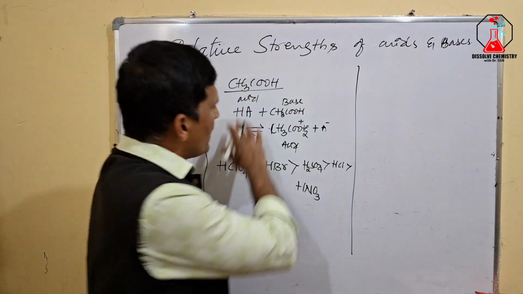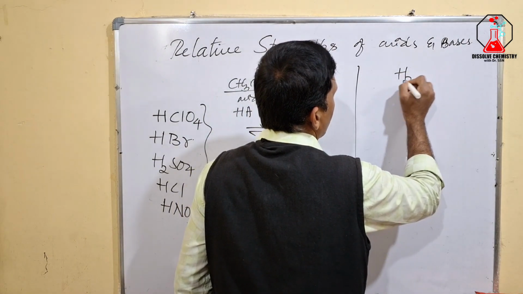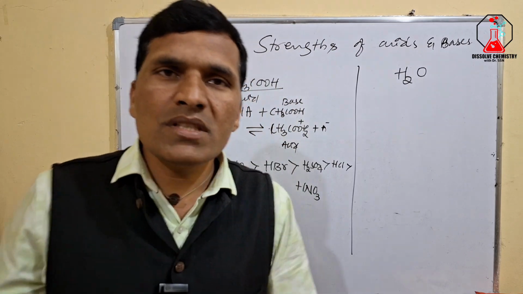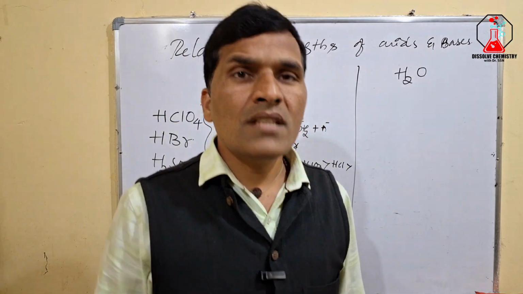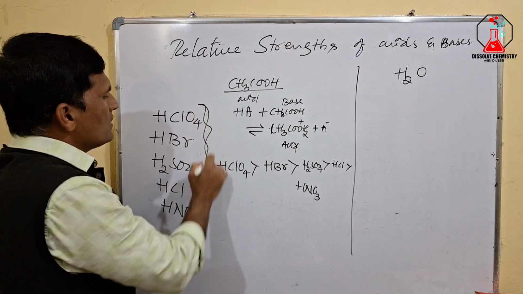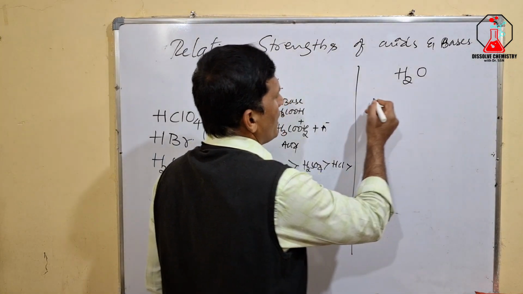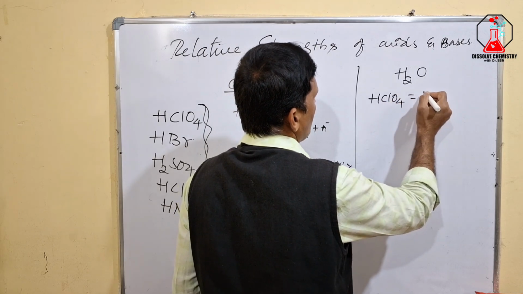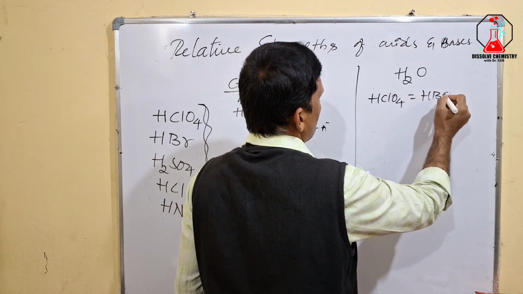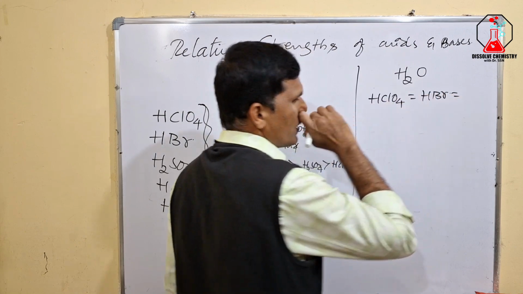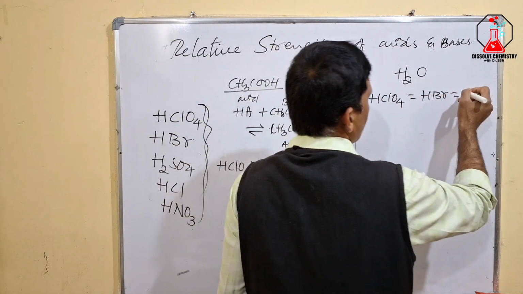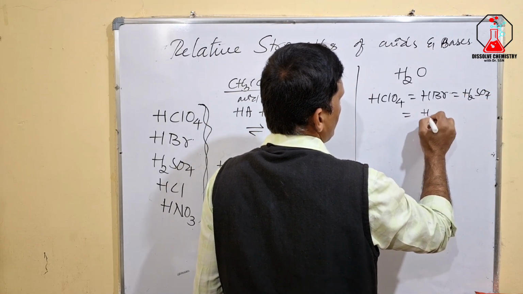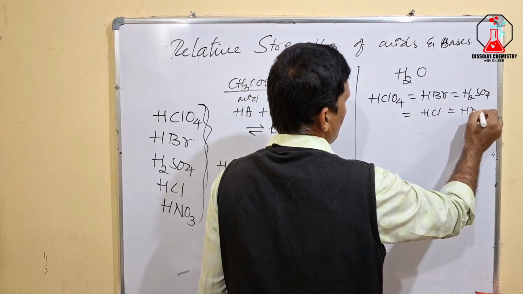So when you take the same acids in water, compared to acetic acid, water is a strong base, meaning a strong proton acceptor. Then all these acids will ionize to the same extent, meaning HClO4 is almost equal to HBr, in terms of extent of ionization, and H2SO4 is equal to HCl, which is equal to HNO3.